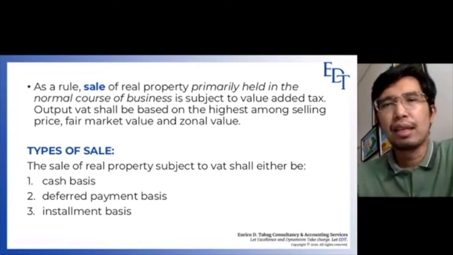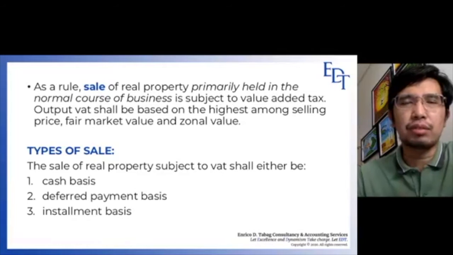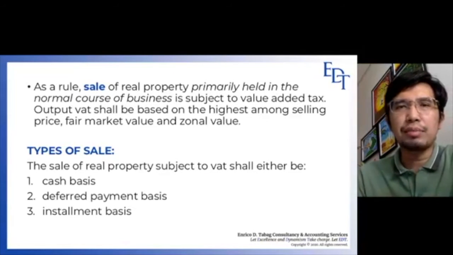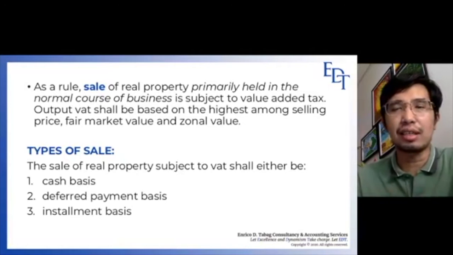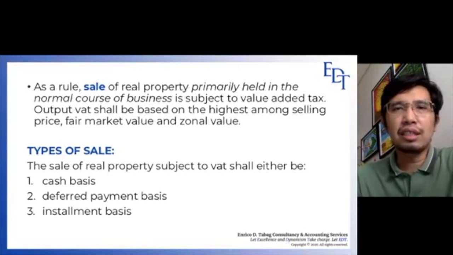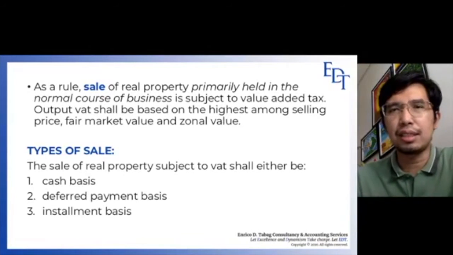Okay, next. Aside from knowing the basis of the 12% VAT with respect to sale of real property, we will discuss the different types of sales for purposes of value-added tax. And there are three under the tax code. We have the cash basis, as shown on your screen right now, the deferred payment basis, and the installment basis.